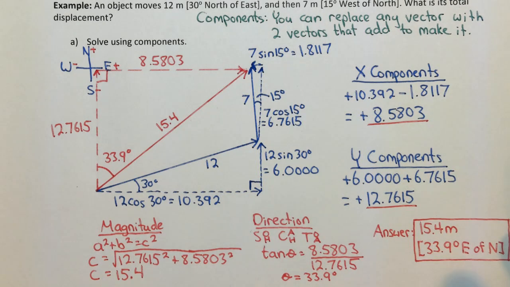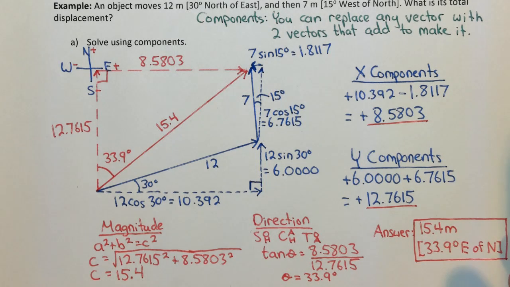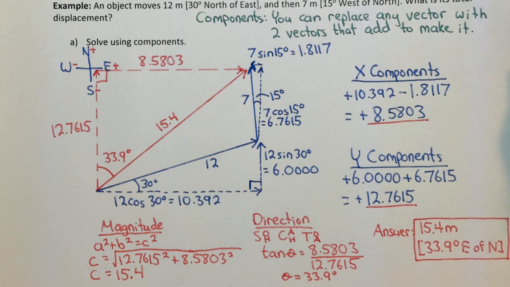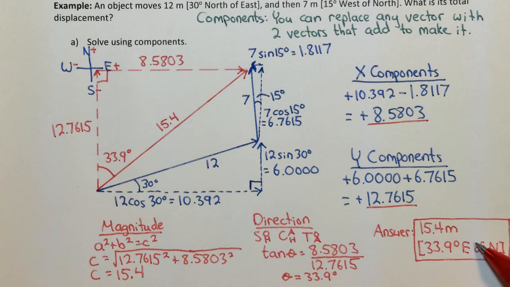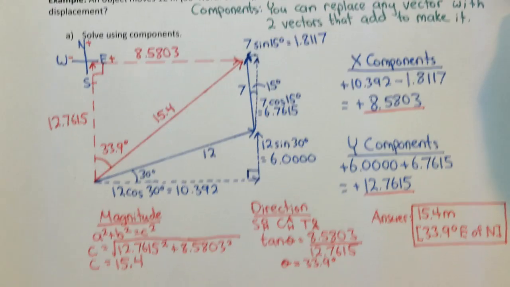Now I'm going to show you another way to do this, where rather than doing more simpler math, we do less, more complicated math. Let's solve the exact same problem, see if we can get the exact same answer, but this time we're going to use sine law and cosine law.